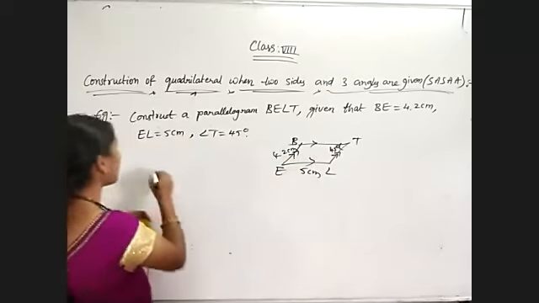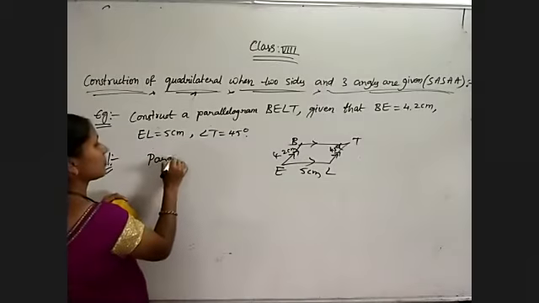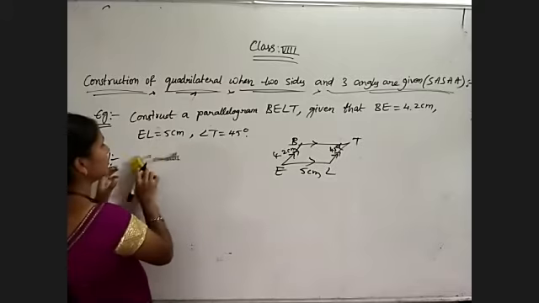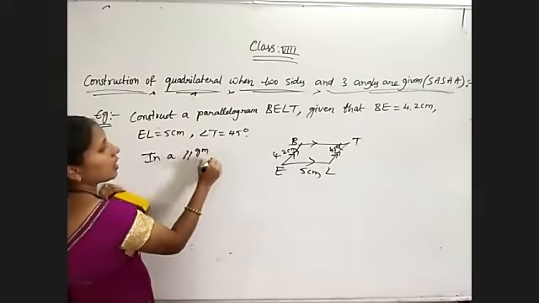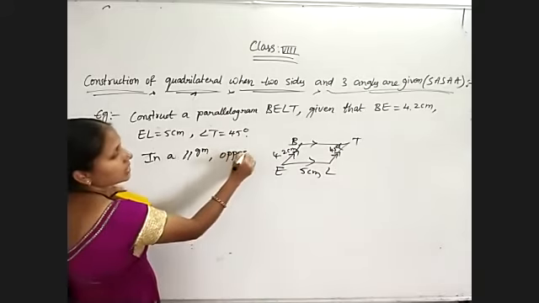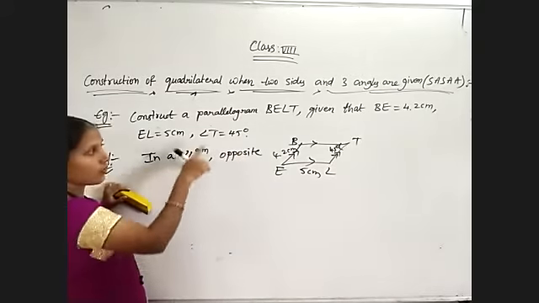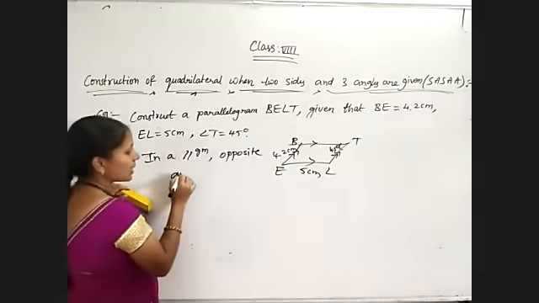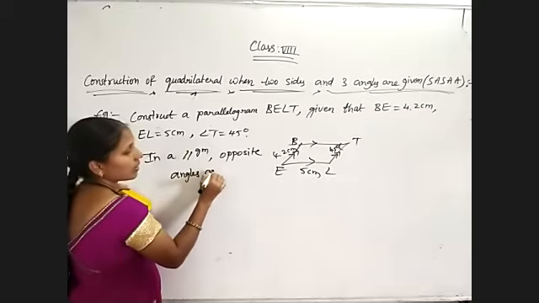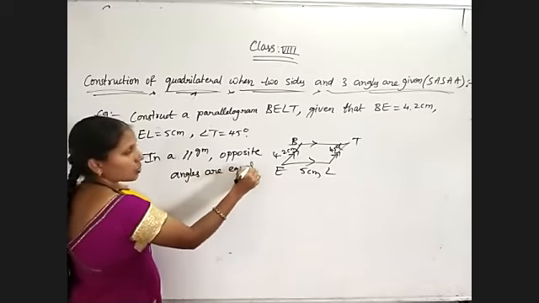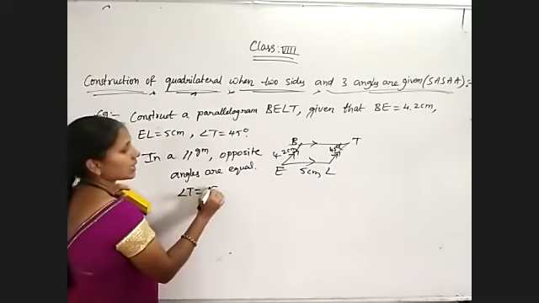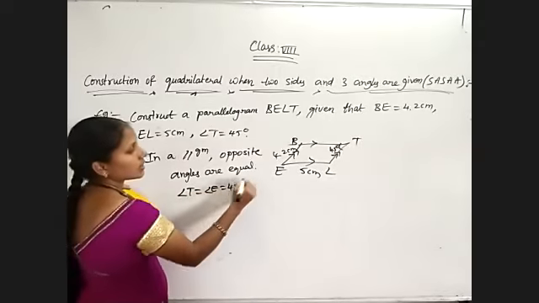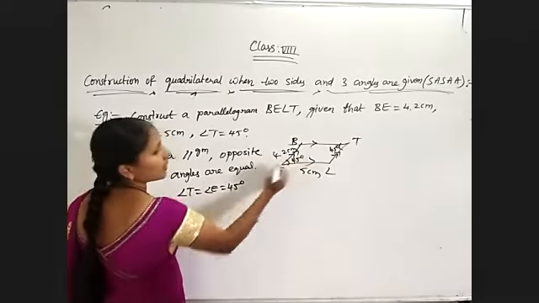So for a parallelogram, because we need to find the angles here, opposite angles are equal. By this condition, angle T is equal to angle E is equal to 45 degrees. Both are equal to 45 degrees.